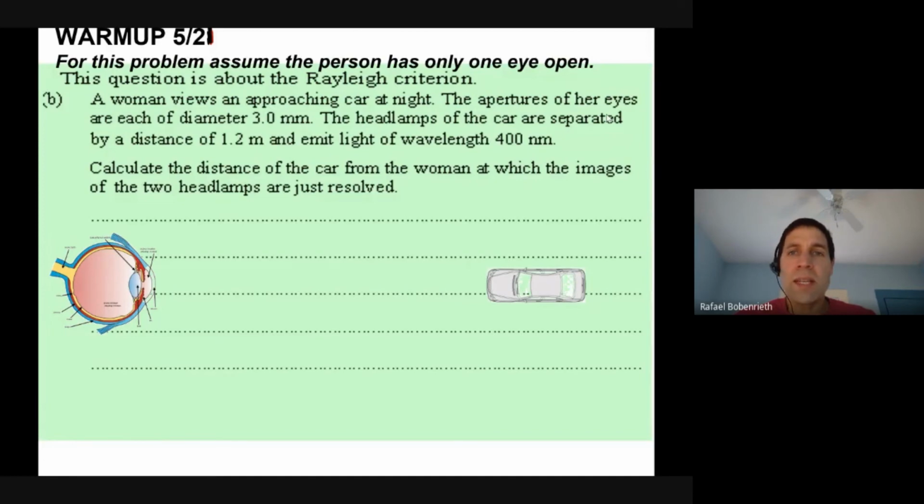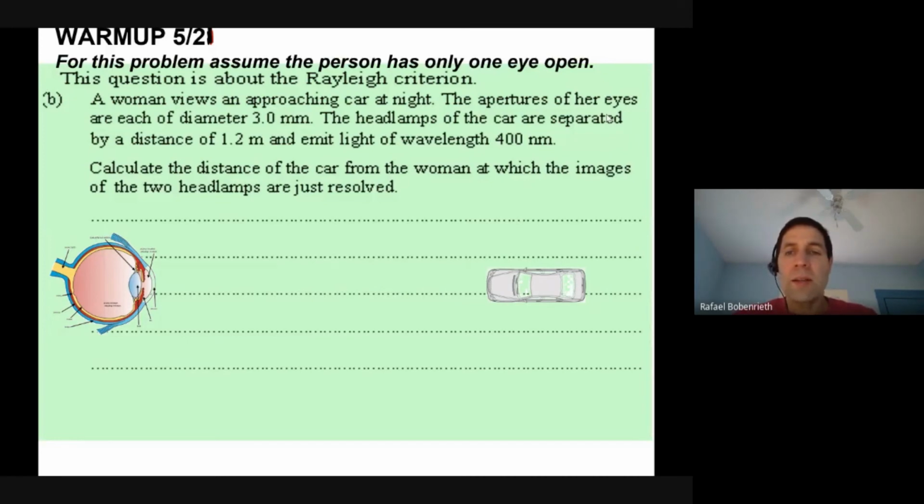Remember, resolution is this idea that all imaging systems, including our eyeballs, require a minimum angular separation of objects in order to be able to distinguish one light source from another light source. So you can see here in this problem, you have the somewhat contrived scenario where a person only has one eye open, but it still works.